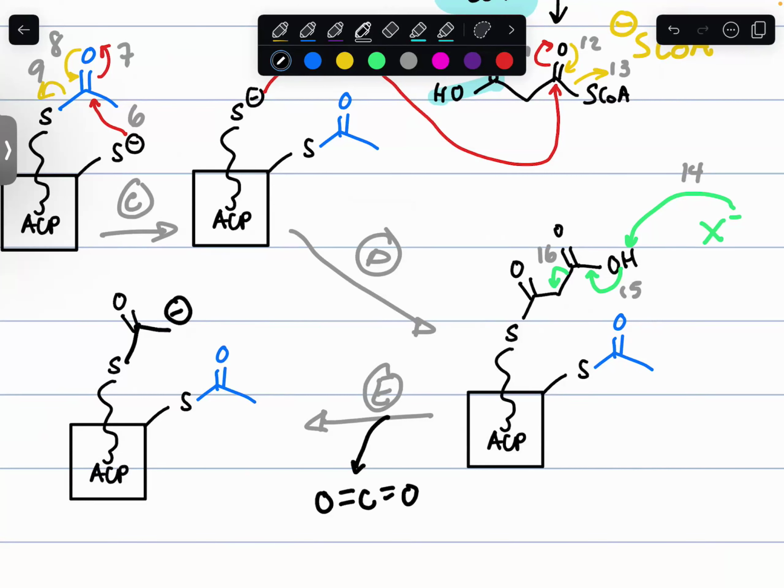Is the curly wavy line from S to ACP, is that the one? It's a flexible linker. So it's basically just saying this is connected and it's wiggly.